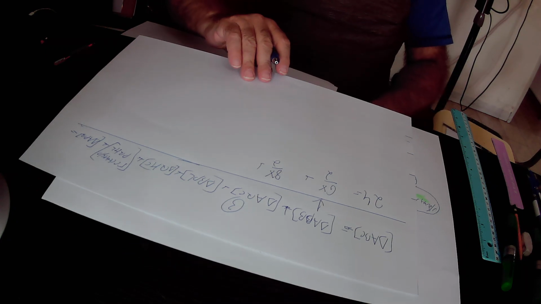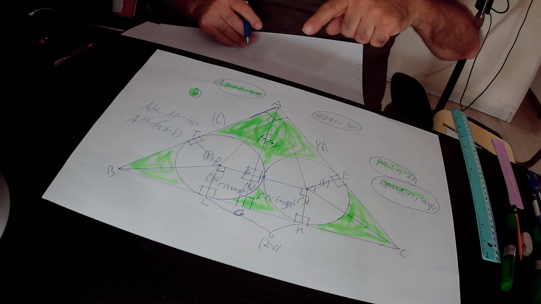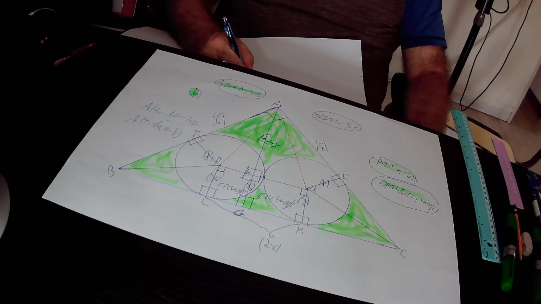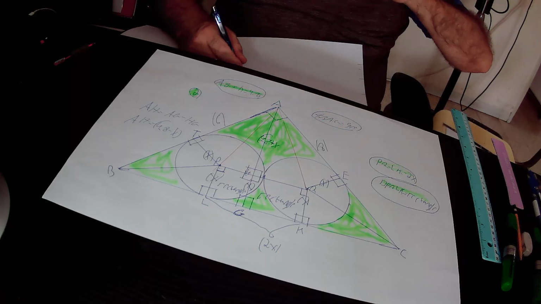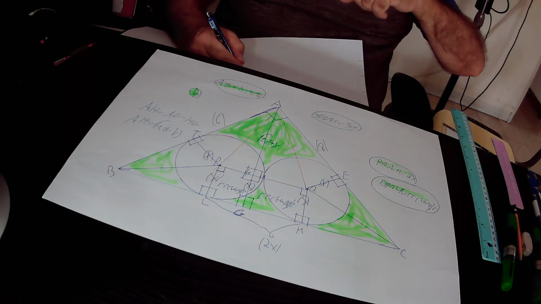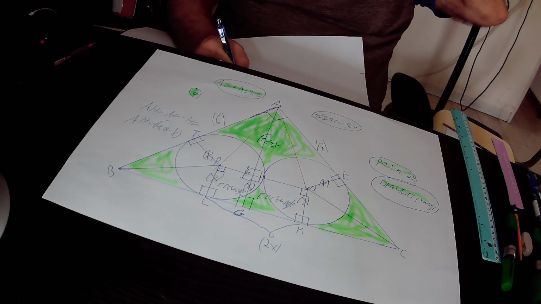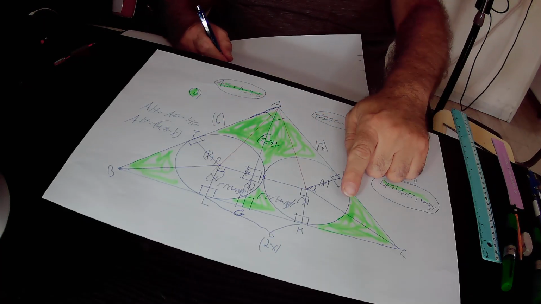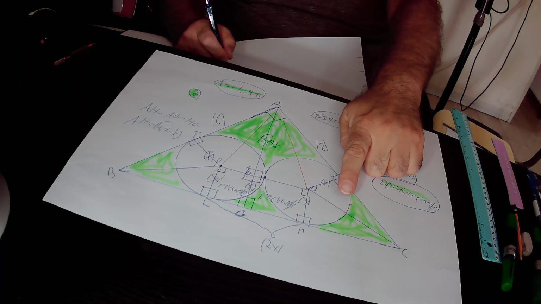Plus the third shape, this right triangle PBL. The right triangle PBL equals the base BL times the height PL, which is x over 2. So the area of the third shape is BL times x over 2. Plus the fourth shape, the triangle QKC.